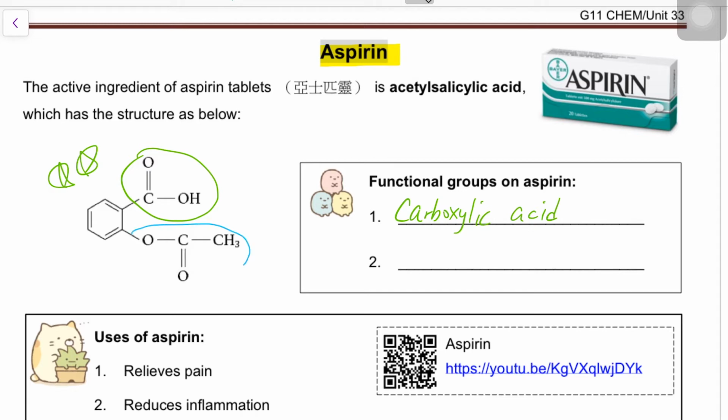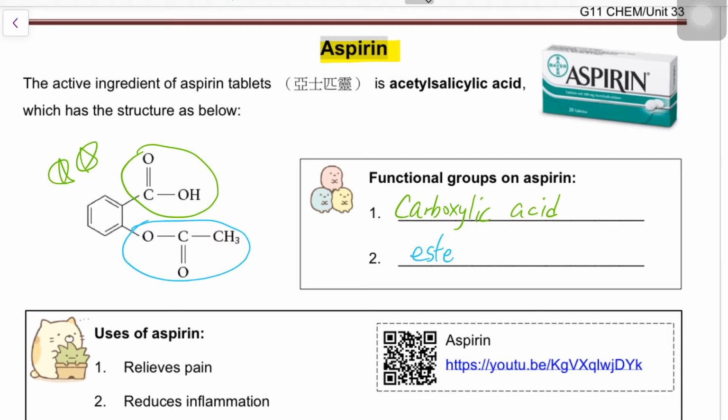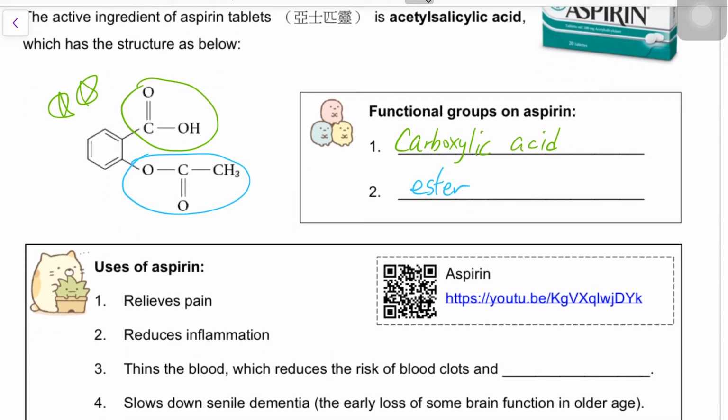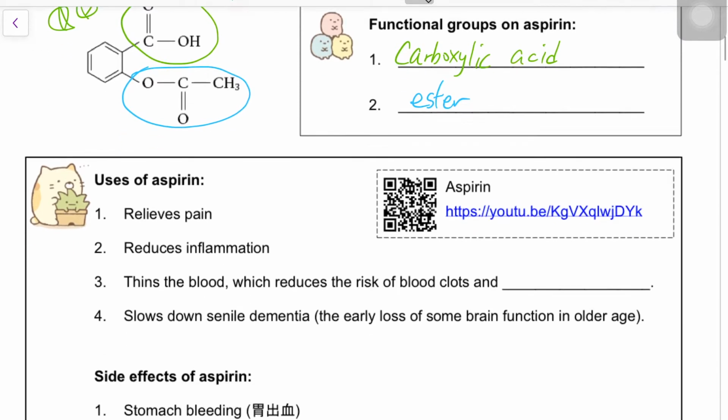Then for the blue circle, now please pay attention. For the blue circle, you can see a CO double bond, but this is not a ketone. Okay, this is an ester. This is an ester functional group. So at least in the examination, you need to give me the name of these 2 functional groups.